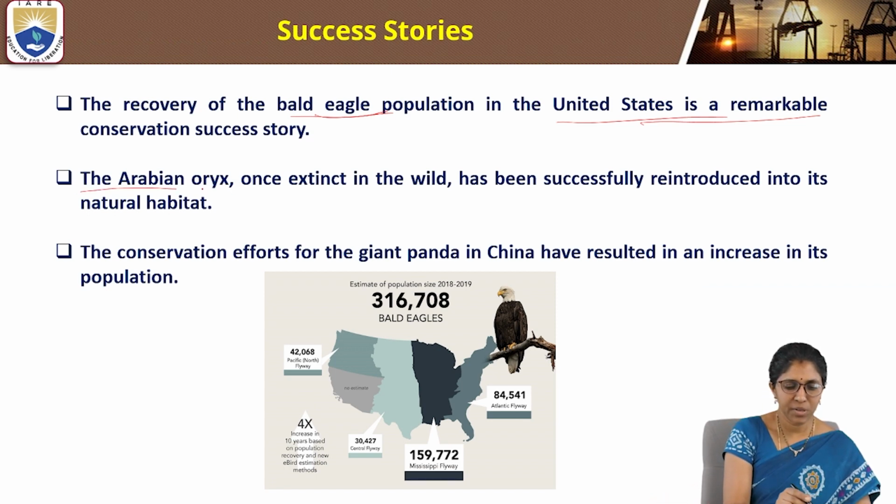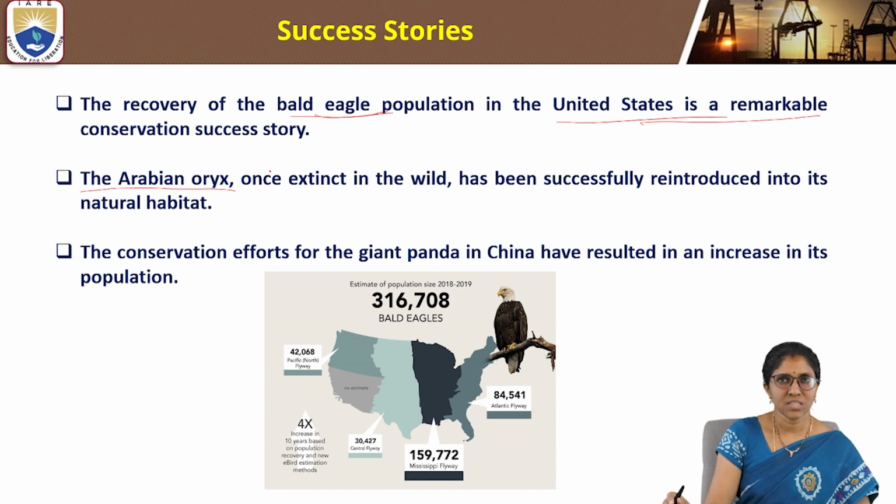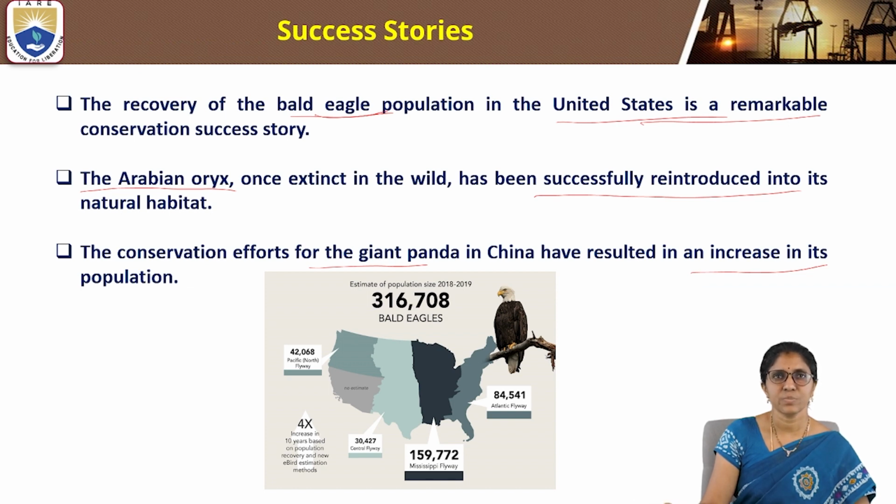The Arabian oryx, once extinct in the wild, has been successfully reintroduced into its natural habitat. Conservation efforts for the giant panda in China have resulted in an increase in its population. So these are the success stories of conservation strategies for endemic and endangered species.